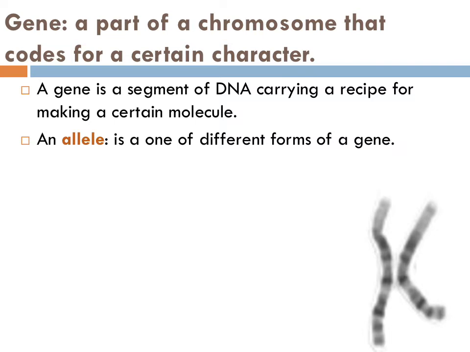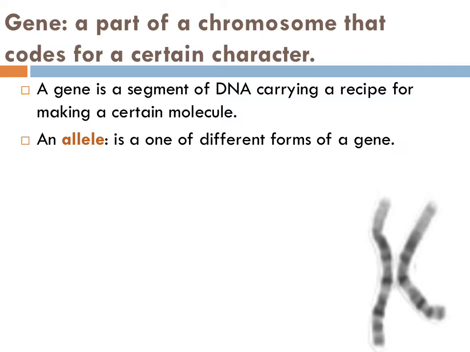I could have instructions for making a vanilla cake, or I could have instructions for making a chocolate cake. Remember, we learned a while ago that we have two different chromosomes. One we inherit from the male, our father, the male parent, and one we inherit from the female parent, our mother.